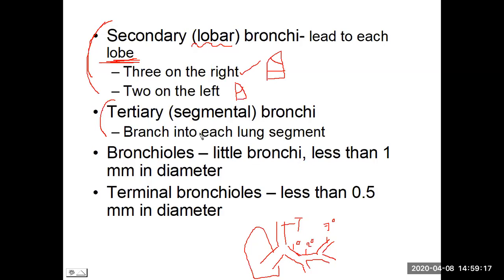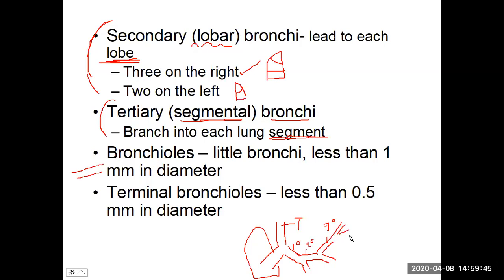Each lobe is divided into a number of segments, hence the alternate name, and that's the purpose here, branching to each particular segment within a lobe. At this point we get to the end of our bronchi, these larger branches from the trachea, and we transition to much smaller branches known as bronchioles.